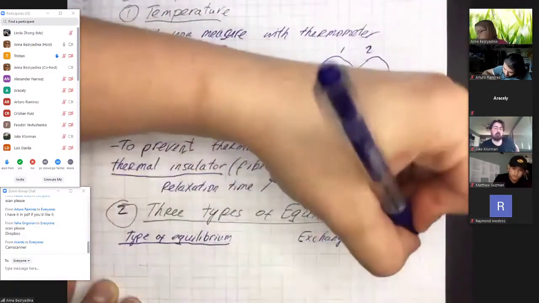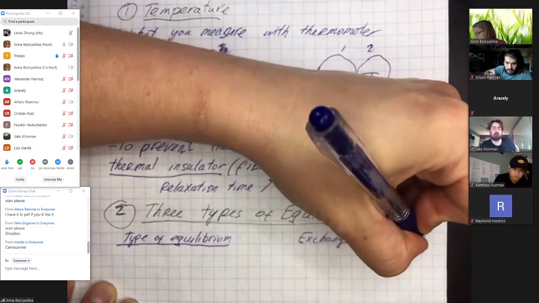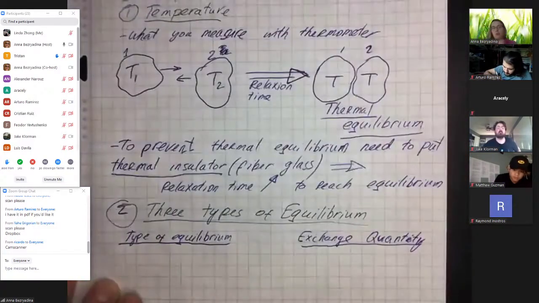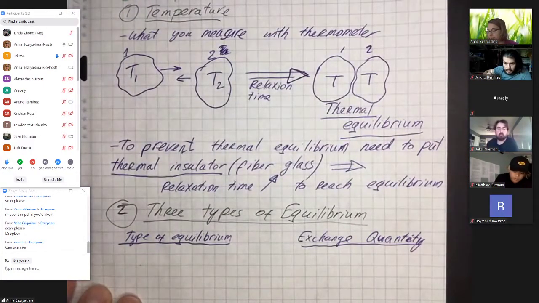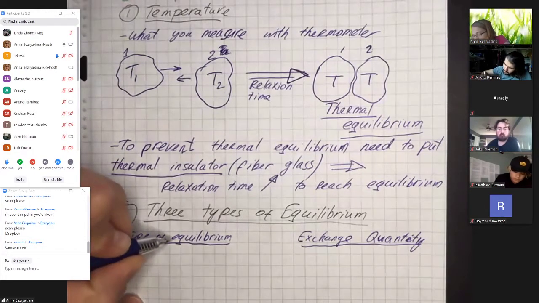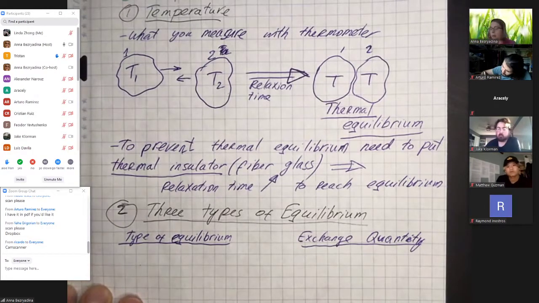I try to move my hand quickly so you can write down, guys. So we talk about three types of equilibrium: the type of equilibrium, and here the exchange quantity.